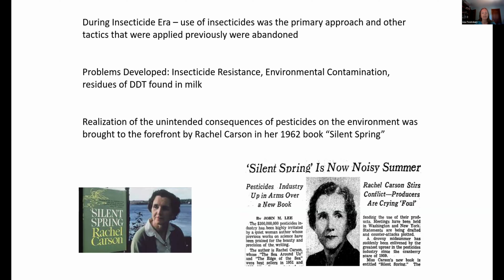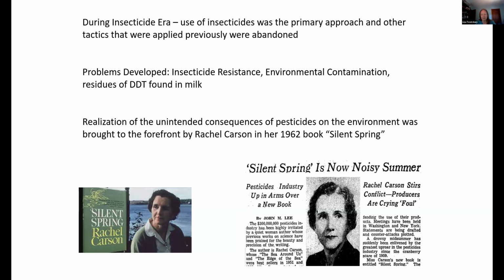Everyone thought, this is it. Insecticides protect us from plant pests and also mosquitoes. DDT was used for mosquitoes, so many things. And she was very concerned. She was a biologist, specifically a marine biologist, and she started thinking that she wasn't hearing as many birds. That's where the Silent Spring name comes in. And she did quite a bit of research on it, and she published it in 1962.